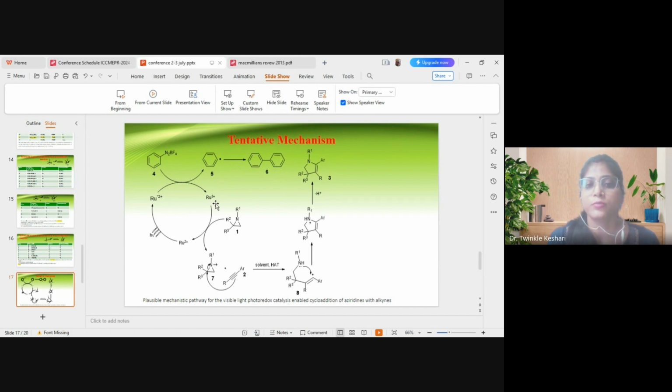After that, ruthenium 3+ is reduced again to ruthenium 2+ by the aziridine. Now aziridine 1 gets converted to amine radical cation 7, which is attacked by the alkyne to form intermediate 8. After hydrogen atom transfer, it undergoes cyclization to form our product dihydropyrrole. So this is the mechanism overall.